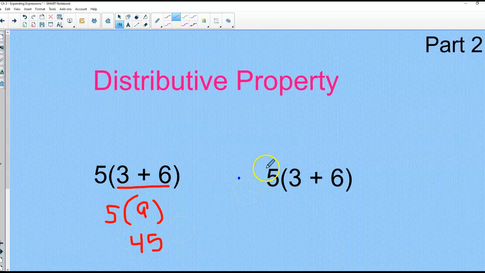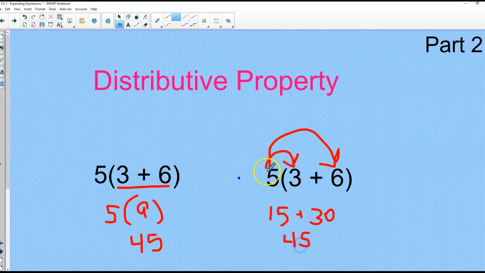It says that we can take what's on the outside of the parentheses and multiply by everything on the inside. So 5 times 3 is 15, right? And then we take the 5 times the 6, which is 30, and it wants us to add them together, and we get 45.